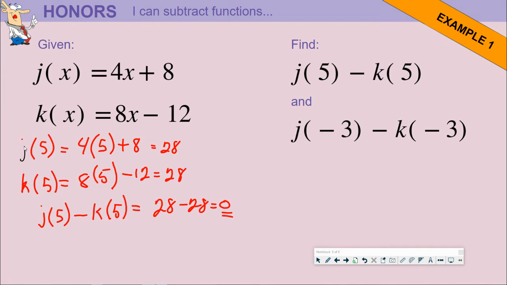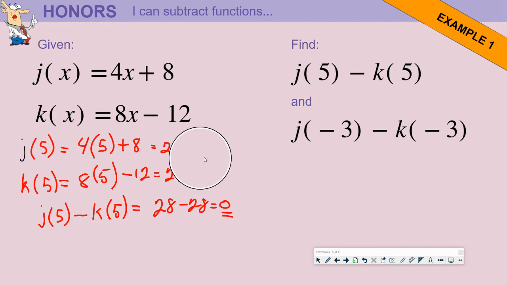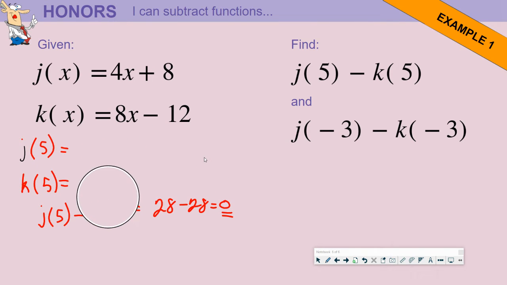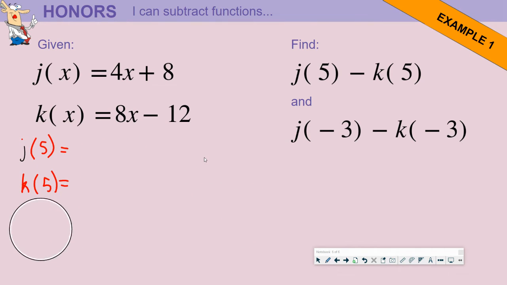All right, now let's look at the example with evaluating at negative 3. So let's see, we don't need any of this part. Okay, so now we'll do it again, but this time we're doing it at negative 3. So this is j of negative 3 and k of negative 3.